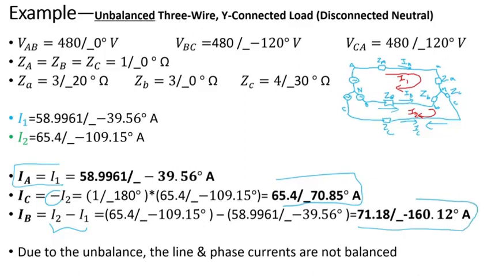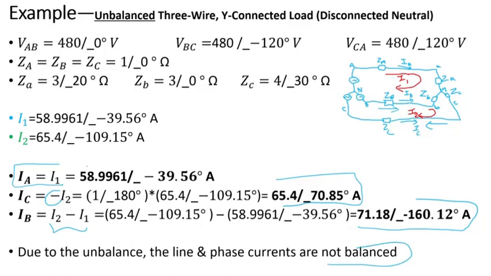So as you can see, due to the unbalance, the line and phase currents, in this case, since the load is connected in a Y, the phase currents and line currents are the same. Because of the unbalanced situation, the currents are not balanced, and it's very clear from here.